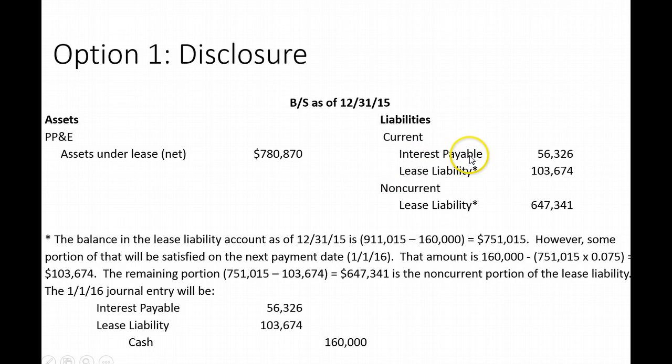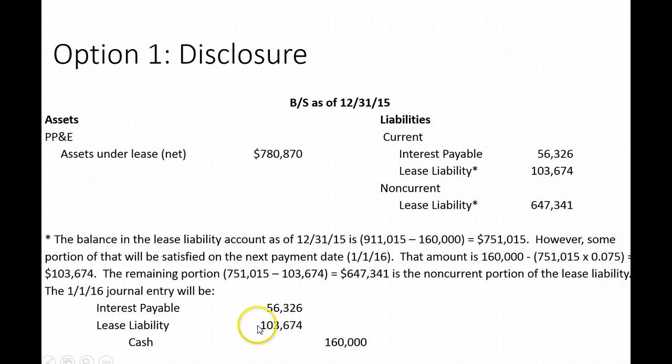Remember, we just accrued interest payable and interest expense yesterday, December 31st, and so of the $160,000 payment that comes up on January 1st, $56,000 will go to satisfying that interest payable. The rest of it then goes to satisfying the lease liability.